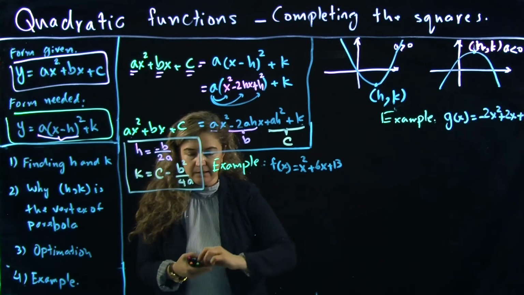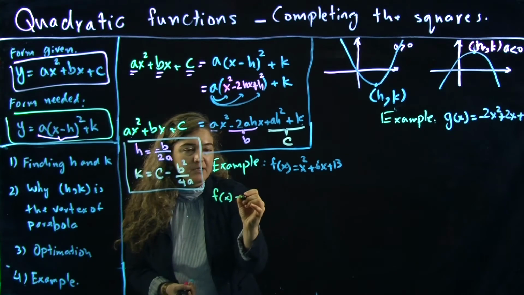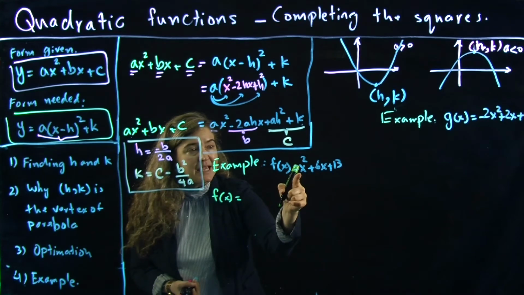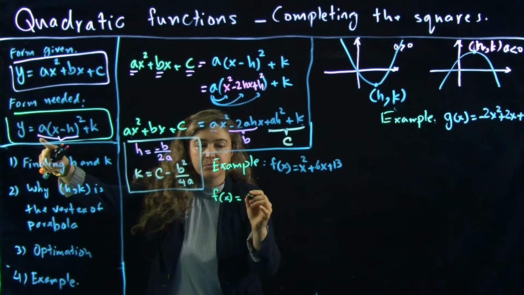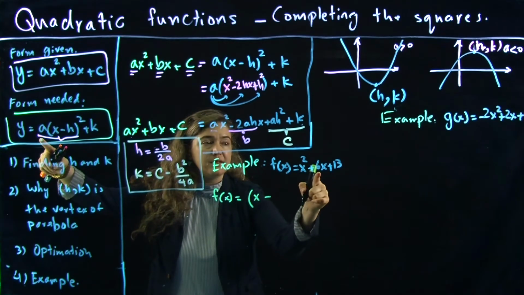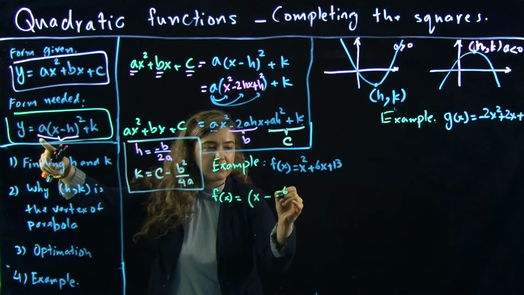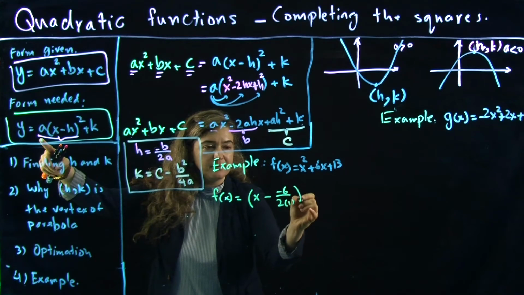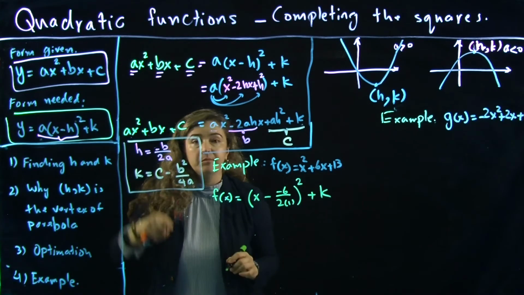So basically, this is how it goes. f of x is going to be equal to a, which is 1, times x minus negative b, where b is 6, divided by 2a, which is 2 times 1, then to the power 2 plus k.